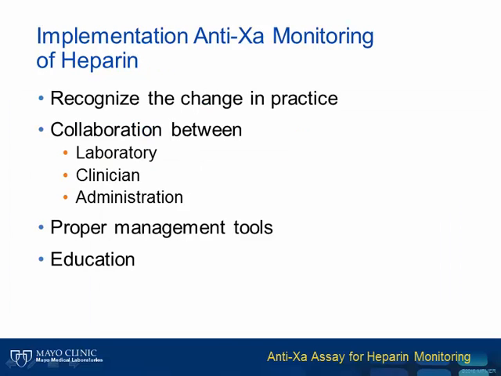For most large institutions, transition to anti-10A monitoring may be simpler than expected. Most coagulometers used by medical centers already have the photo-optic capability to perform a chromogenic 10A. Thus, new instruments may not need to be purchased.